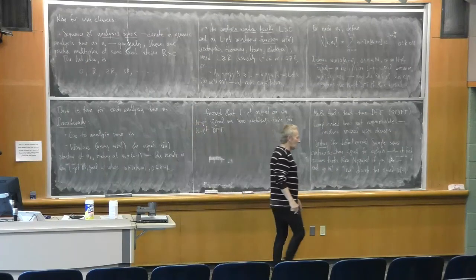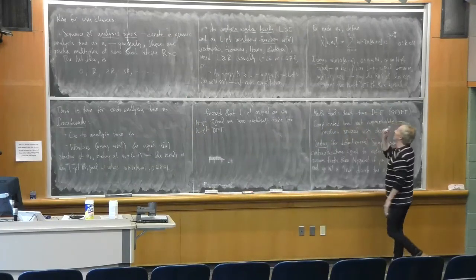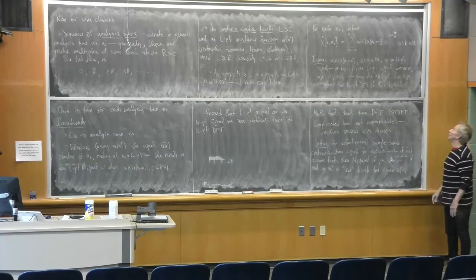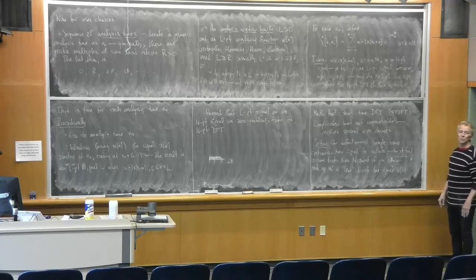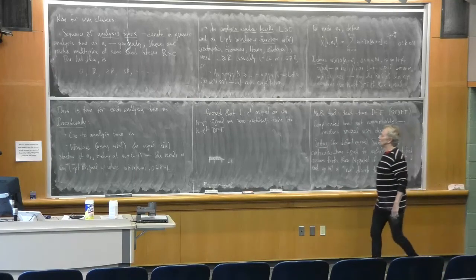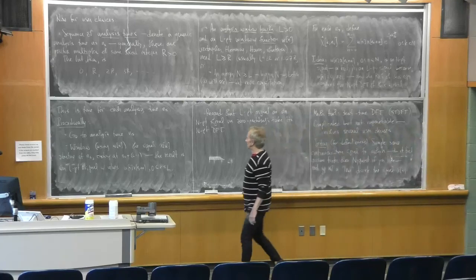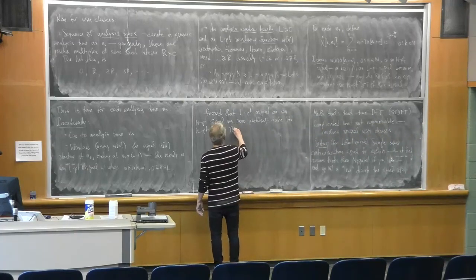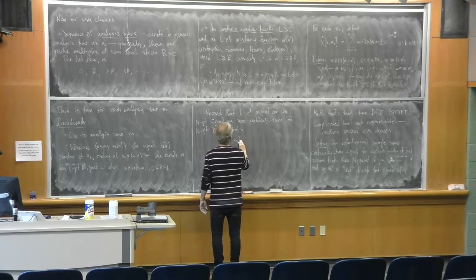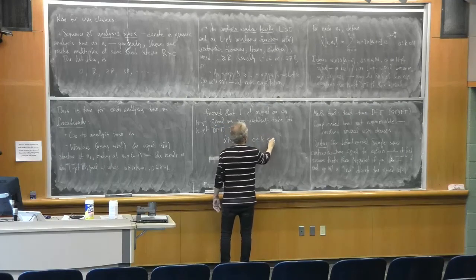And that will give you x hat of k, comma, n sub s, 0 less than or equal to k less than N.